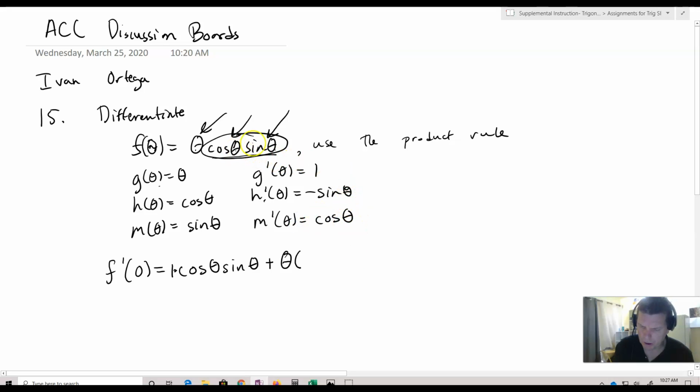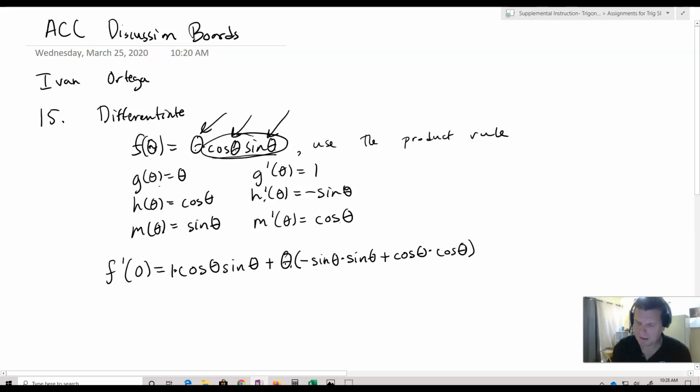First I've got that theta, my original value, and I'm going to multiply that by negative sine theta times sine theta, and then I'm going to add to that cosine theta, because that's the derivative of sine theta, times cosine theta. And there we are.